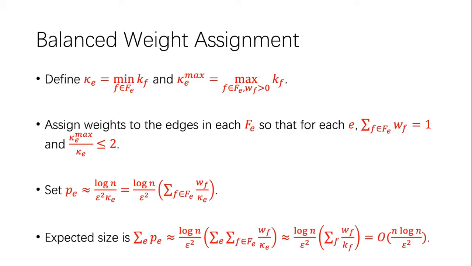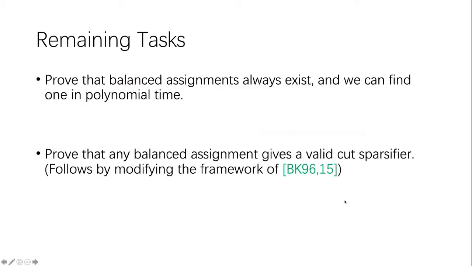This is because for any edge f, if w_f is larger than 0, then we have kappa_f is similar to kappa e. And if w_f is 0, then w_f over kappa e is 0, and we don't need to care about this term. And in the end, the size is about order n log n over epsilon squared. So this concludes the main idea of this work.